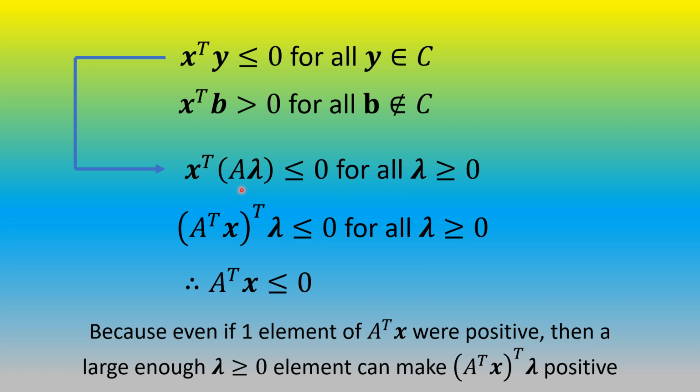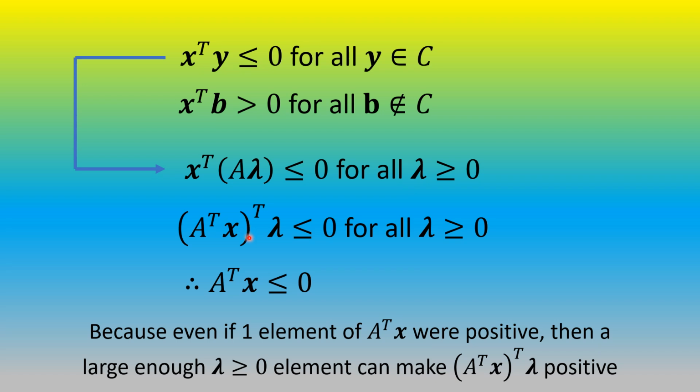If we have x transpose A, we can make some parentheses around those and transpose it. The transpose of A transpose is just A, and if we transpose it, then we reverse the order and transpose each component within the parentheses. So we get A transpose x, transposed, times lambda, is less than or equal to 0. So these two statements are equivalent.